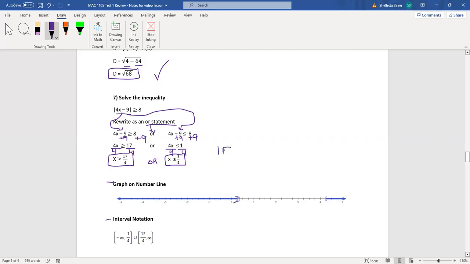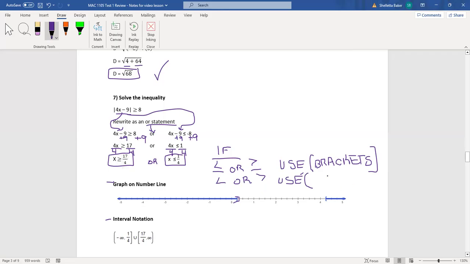If our inequality symbol is less than or equal to, or greater than or equal to, you want to use brackets when you're representing using interval notation. If the inequality is less than by itself or greater than by itself, you're going to use parentheses. And since we have less than or equal to and greater than or equal to, we used brackets for this question.